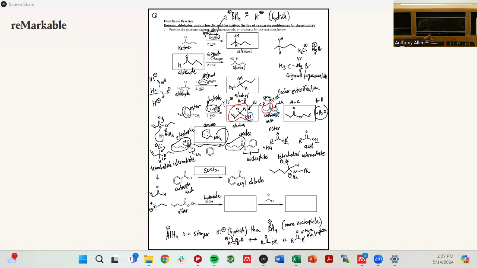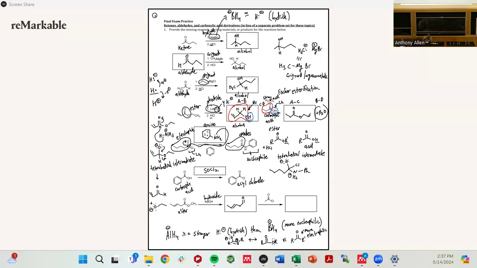So this goes to the carboxylate salt. So what the hell is a carboxylate? Well, a carboxylic acid is this. Carboxylate, the suffix ate denotes an anion, a conjugate base.